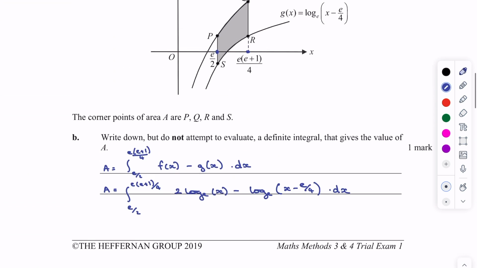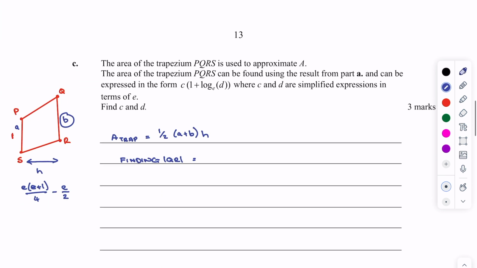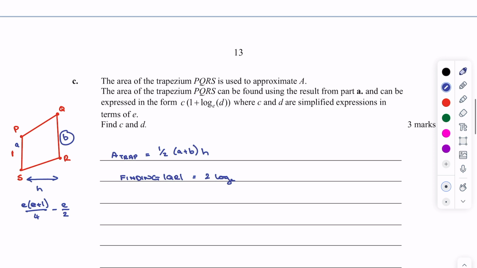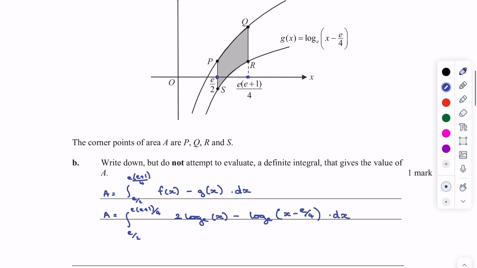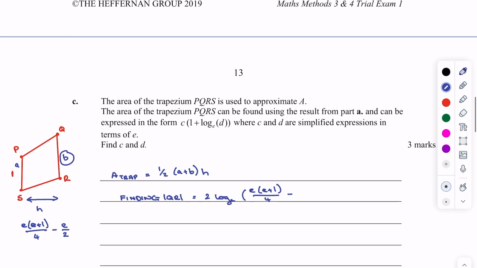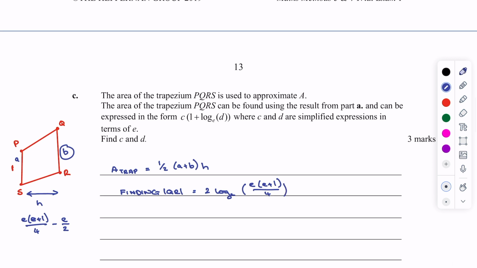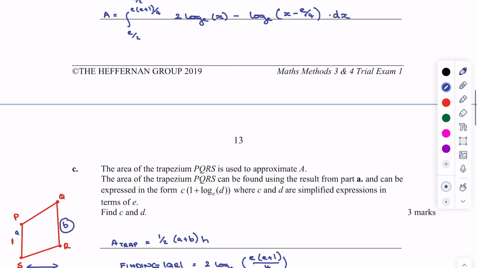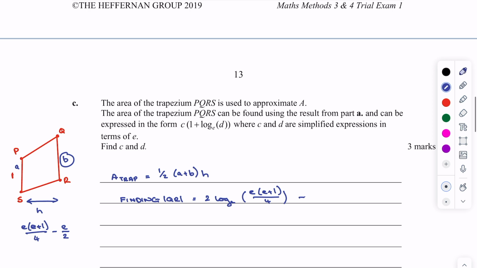I'm going to say that that's going to be 2 log e, and for x I'm going to substitute e plus 1 on 4, and then I'm minusing, actually, let's take this back so that we get that there. So that's the y coordinate of Q minus the y coordinate of R.